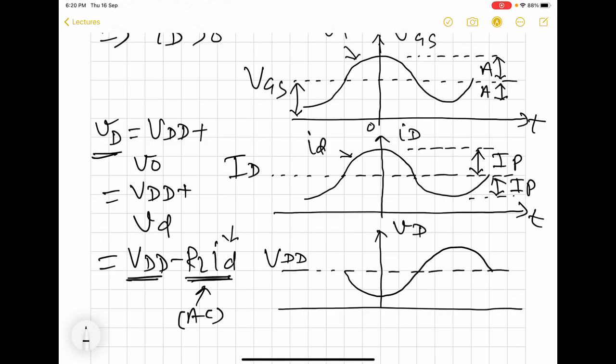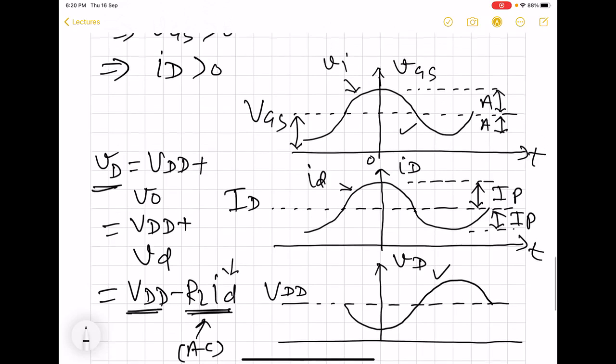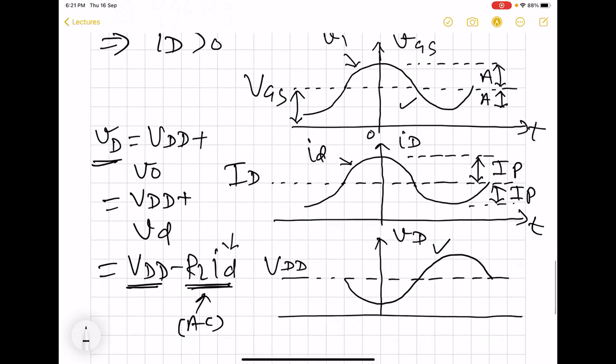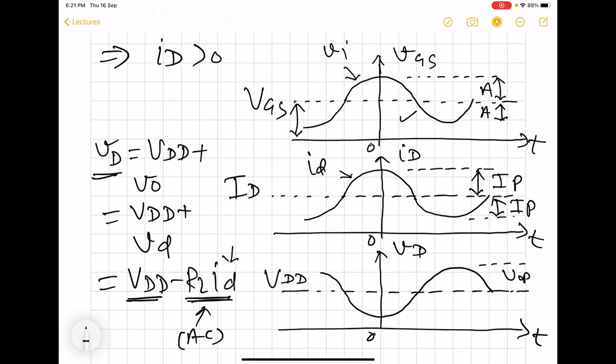And we know that common source or common emitter amplifier, they give voltage which is 180-degree phase shifted with respect to the input. So here you can see that input and output, they have 180-degree phase shift. Now this is going to be the amplitude of the output. And in general, this might be smaller than VDD. So these are the three waveforms, important waveforms for the class A power amplifier.